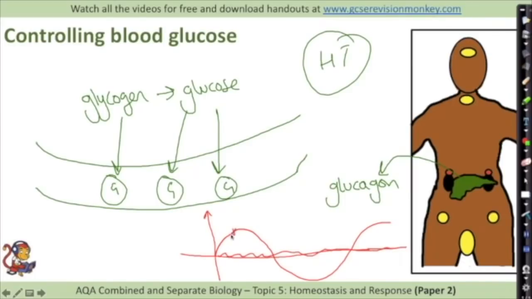If the glucose levels get too high, your body will produce insulin and make them go low again. If the glucose levels get too low, your body will produce glucagon and therefore increase the blood glucose levels again, and it wavers around this optimum midpoint.